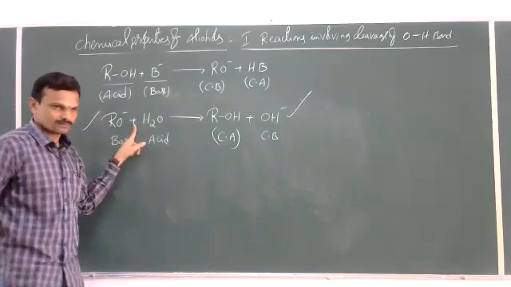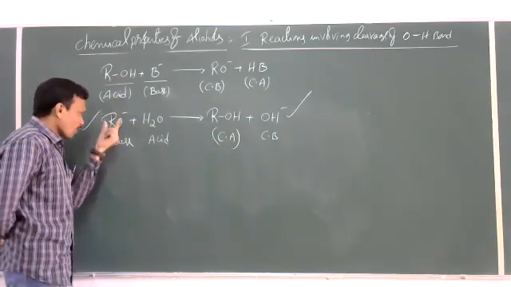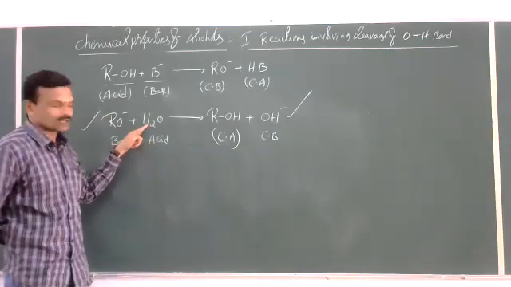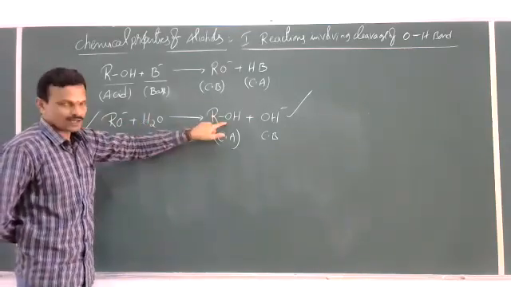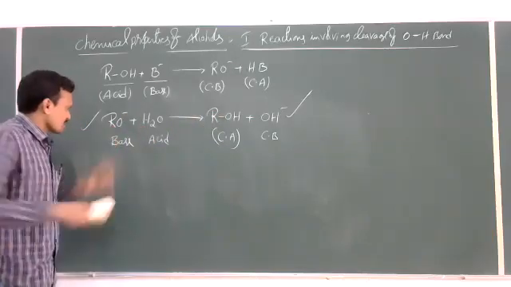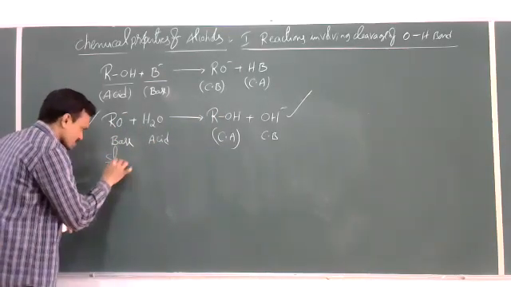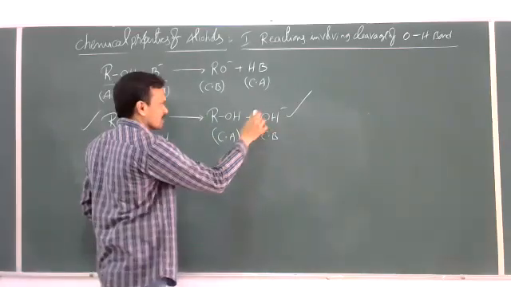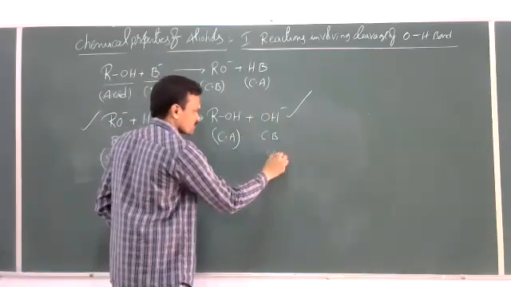But what is happening here? The alkoxide RO minus accepts a proton from water to give alcohol. That means RO minus is a strong base compared to OH minus. OH minus should be weak.